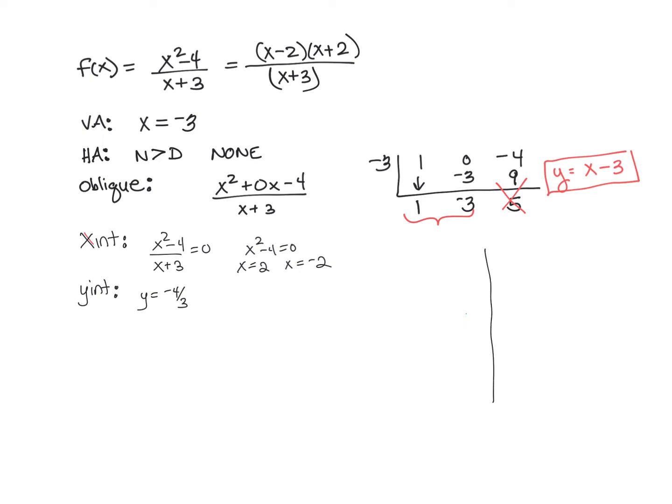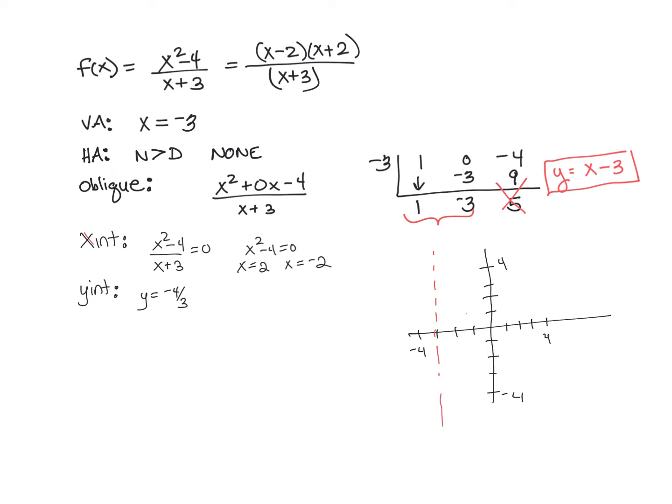So let's take a look at what we have here for our graph. We'll see if we need any more ordered pairs to make decisions on what this looks like. So here we are, we have a vertical asymptote at x equals negative 3. We don't have a horizontal asymptote.